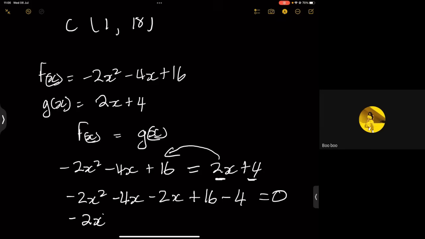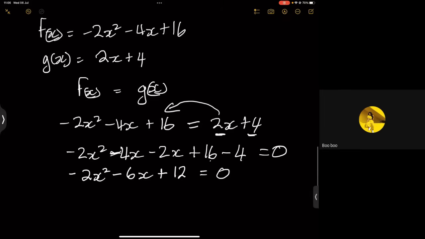So we'd have minus 2x squared, and 4x minus 2x, that will give us 2x, okay? Positive 16 minus 4, that would give us plus 12. If the signs are not the same, we subtract and keep the sign of the bigger number.